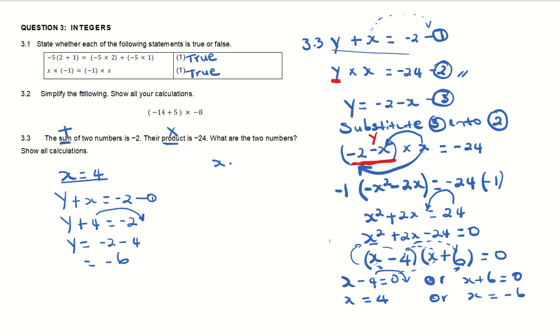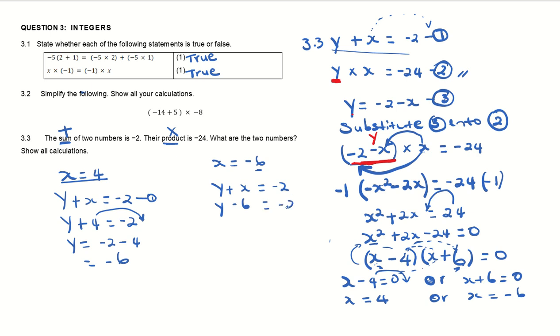Then what about the case when x is equal to negative 6? Then we can use the same equation. y plus x must give us negative 2, and in the place of x, we substitute negative 6.